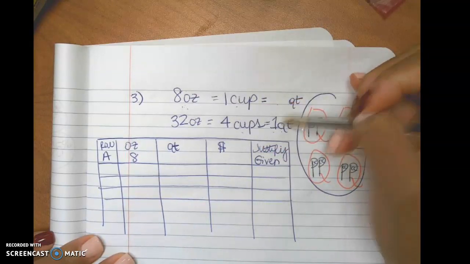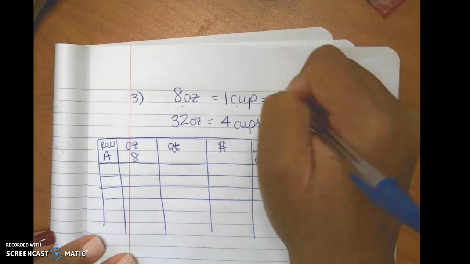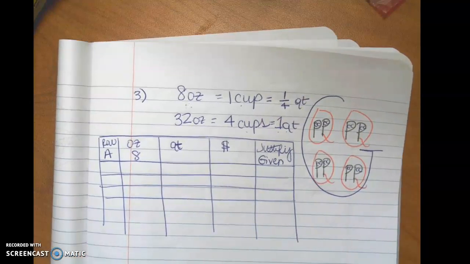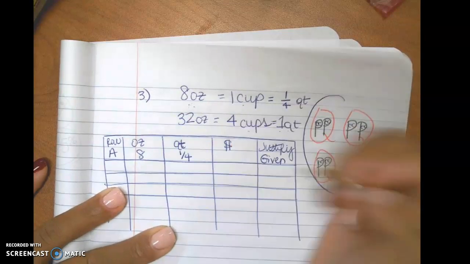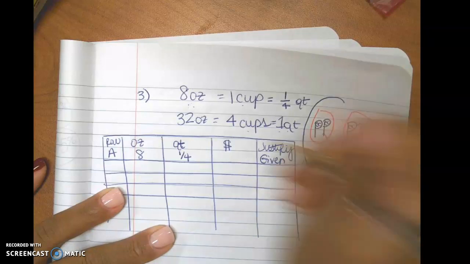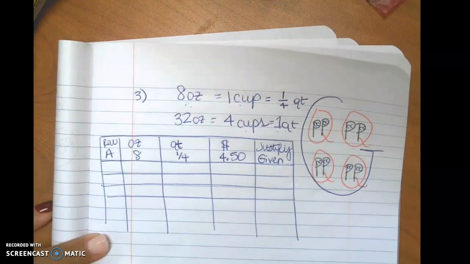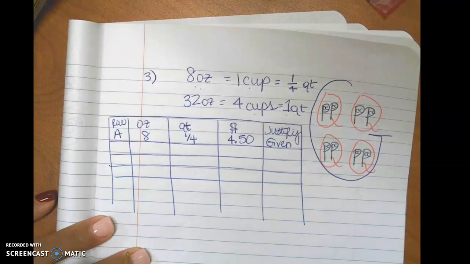Is it a whole quart? It's 1/4. Good. It's a small part of it. So 1/4 here. And that costs how much according to my question? Well, 1 cup equals $4.50. Okay, stop there. Now, I've gotten each part of my ratio table down packed.